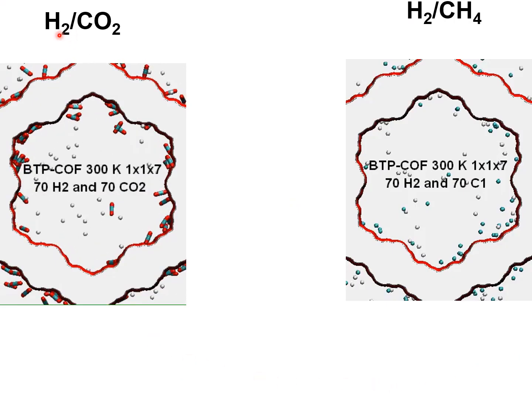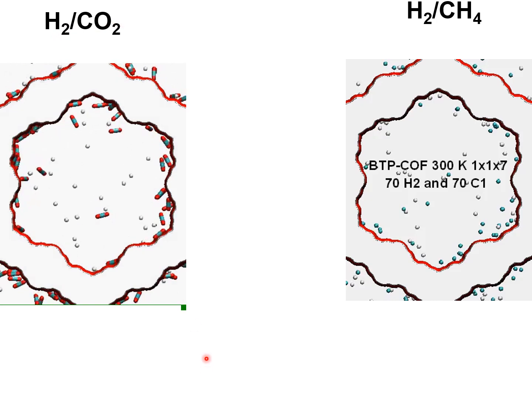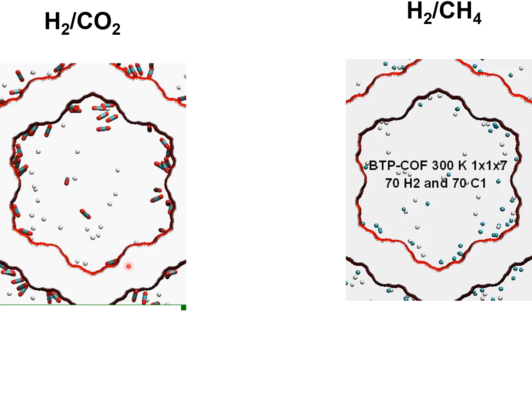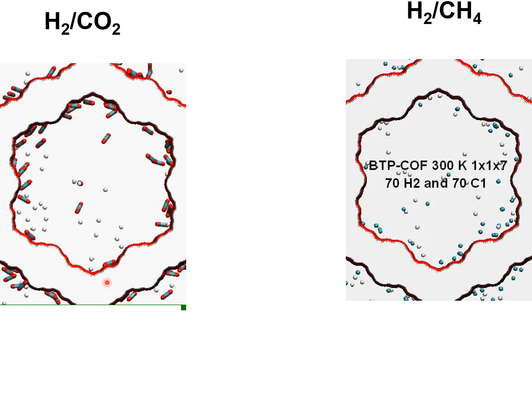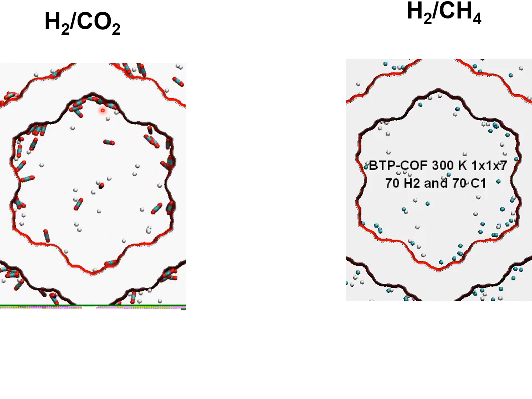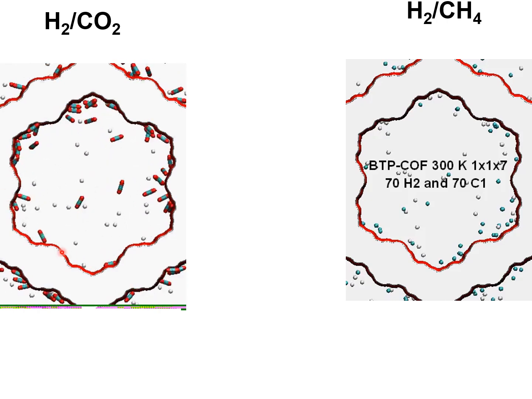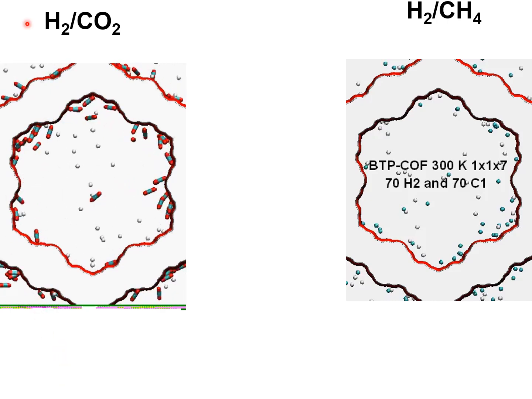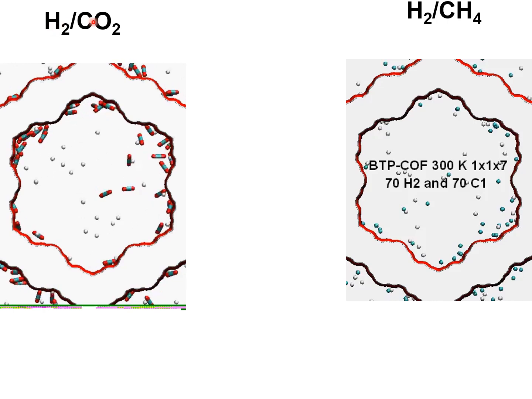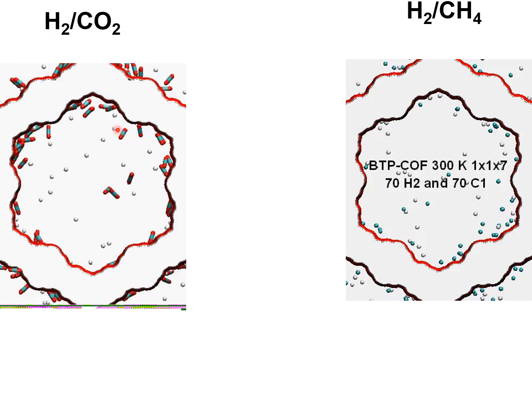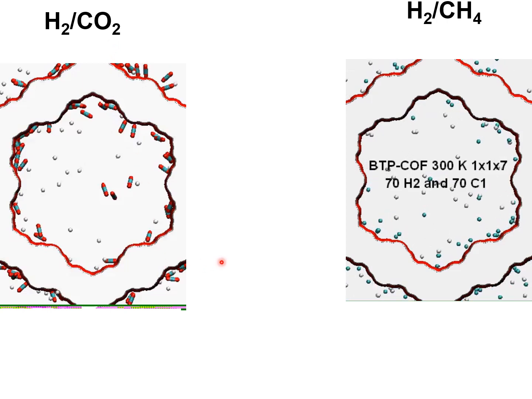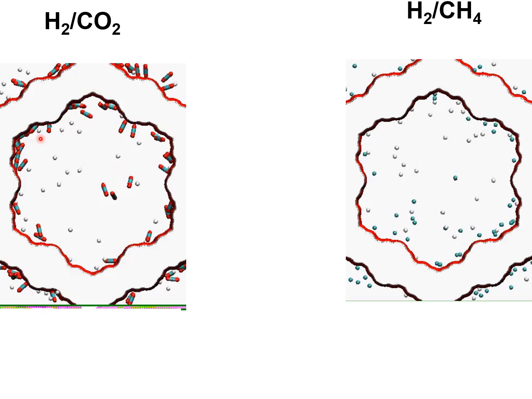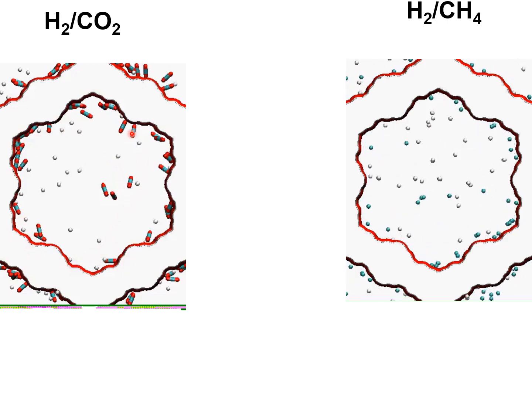Let's have a look at hydrogen-CO2 mixtures. The hydrogen molecules, shown by these white spheres, are almost uniformly distributed, whereas carbon dioxide is concentrated near the pore wall, and therefore to calculate the diffusivity of these molecules in the mixture, one needs to take account of the segregated nature of the distribution of molecules.